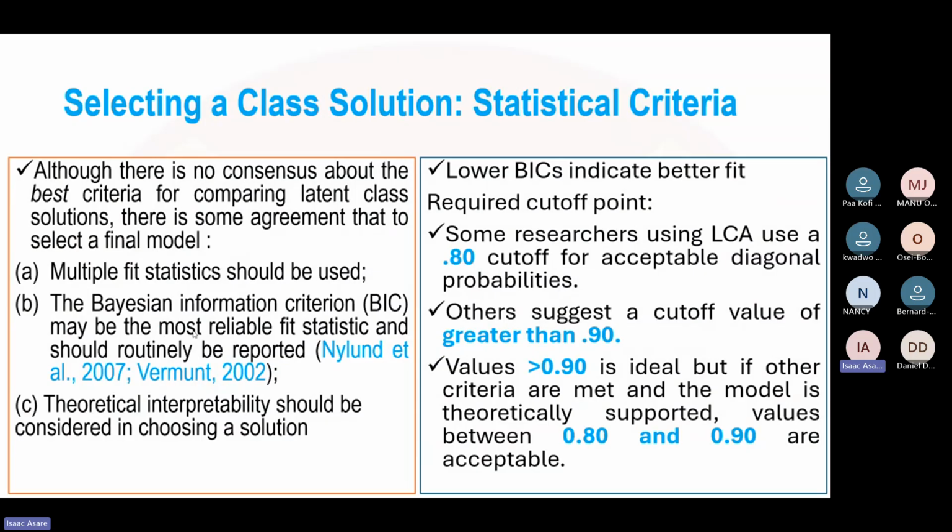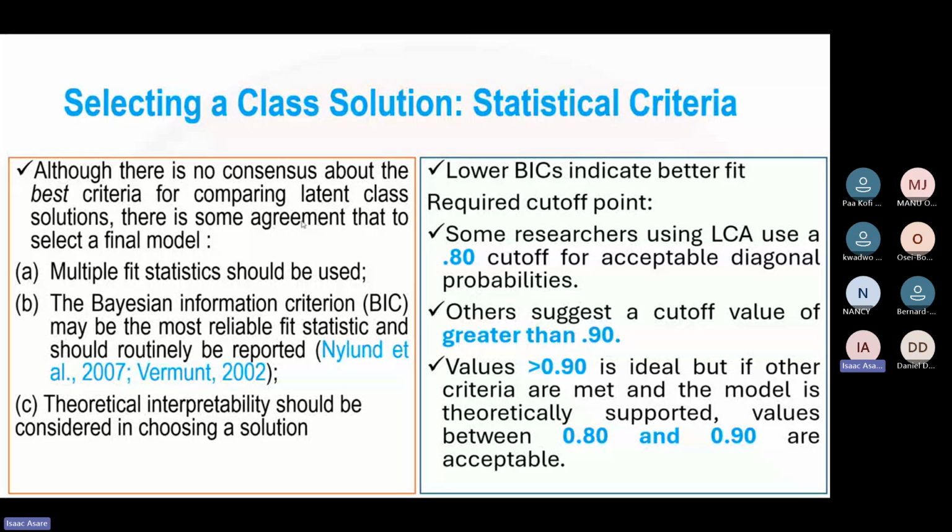And one of the most common techniques that they use is the Bayesian information criterion, the BIC. The BIC is one of the commonly used techniques to indicate the best model that fits the data set.